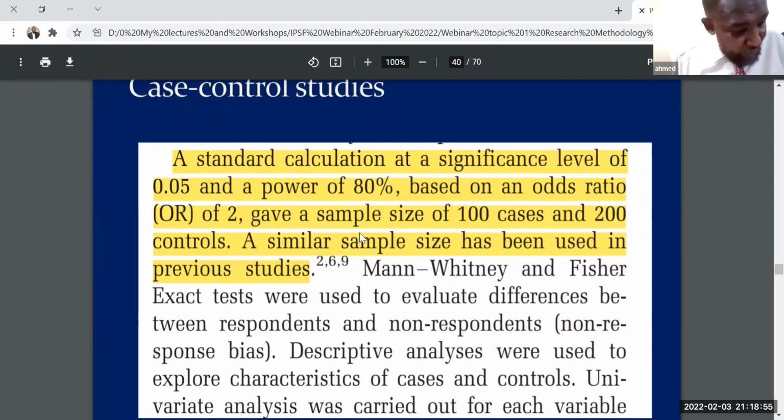Here we use standard calculation at a significance level of 0.05 and power of 80% based on an odds ratio of 2, which gives a sample size of 100 cases and 200 controls.